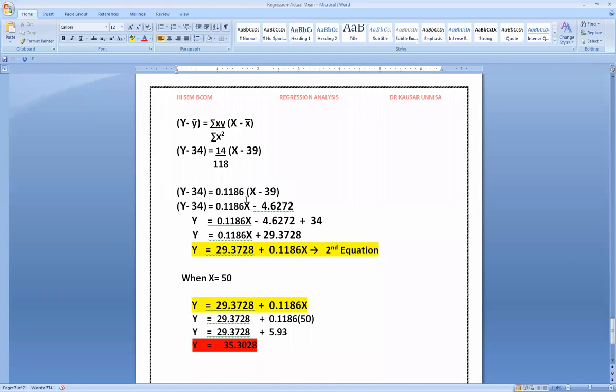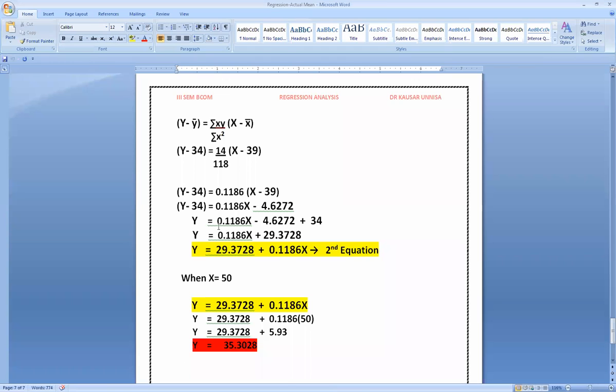First divide it. Then we need to open the brackets on the right side. So y minus 34 equals 0.1186 into x will become 0.1186x, plus into minus is minus 0.1186 into 39, which is 4.6272. Then we retain the value of y because we have to calculate the regression of y on x. So y equals, shift this minus 34 to the right side, it will become plus 34.